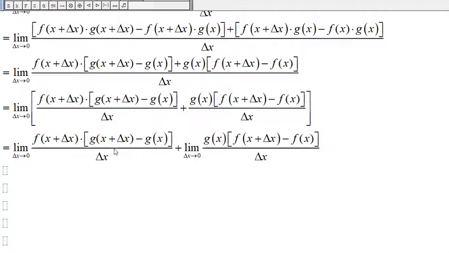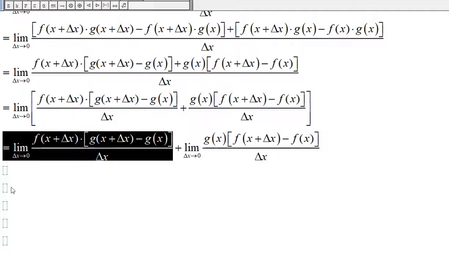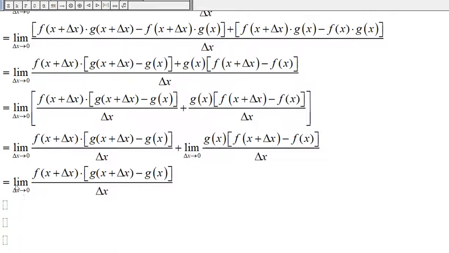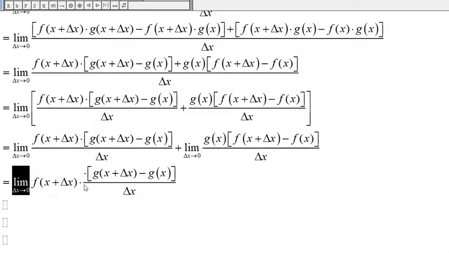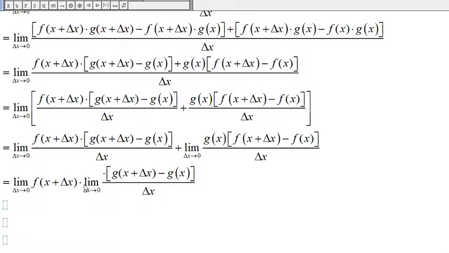And then this is just a product, and so we can separate them even further. We can even rewrite this like this, and then times the limit of this. So this is a limit of a product, and so we have a product of limits.